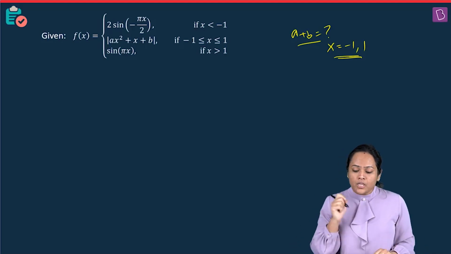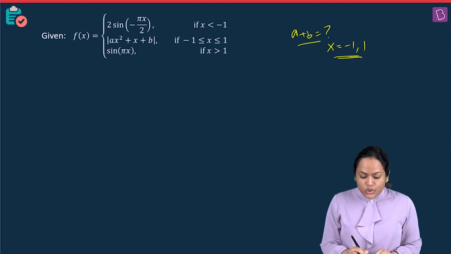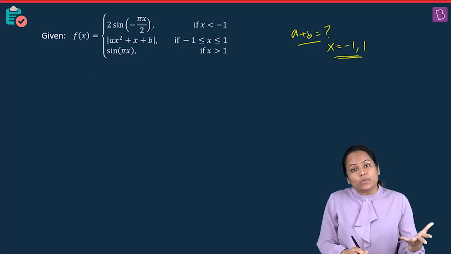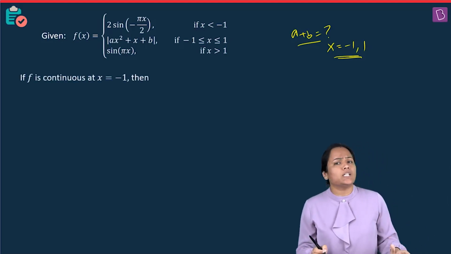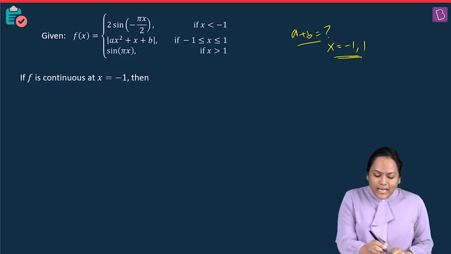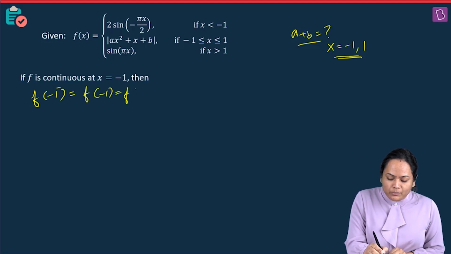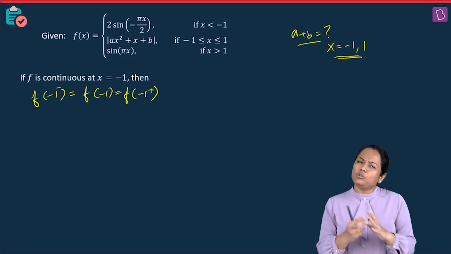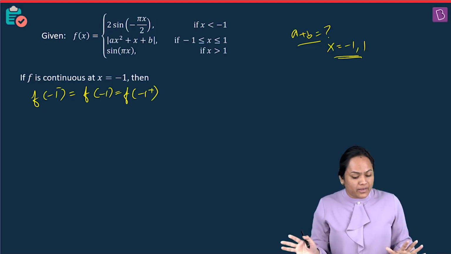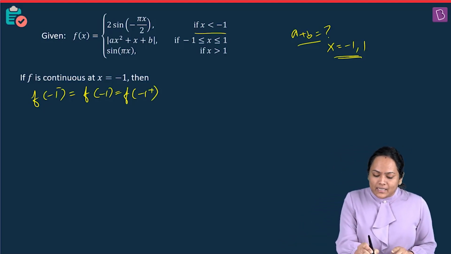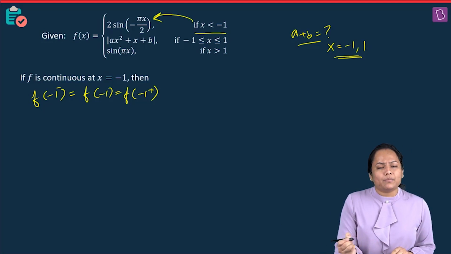Clear? So if I have to check my function's continuity at x is equal to minus 1, what are the conditions I'm going to apply? That my f of minus 1 minus should be equal to f of minus 1 should be equal to f of minus 1 plus. You know the trick, limiting values we have to write. So when my x is less than minus 1, I'll just put my x as minus 1.